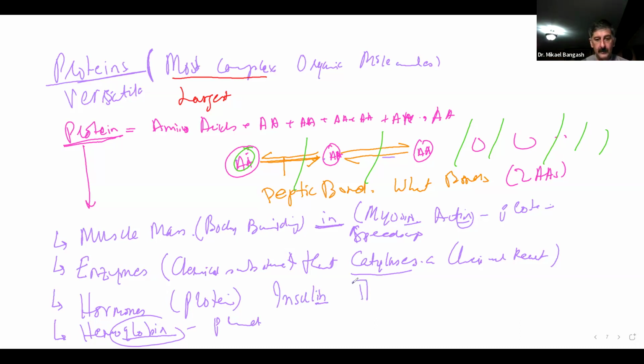Thyroxine as well: part of it is derived from proteins. When we look at hemoglobin, it ends with "in", so that also indicates that this is a protein.